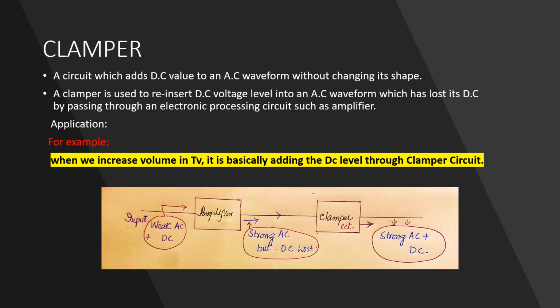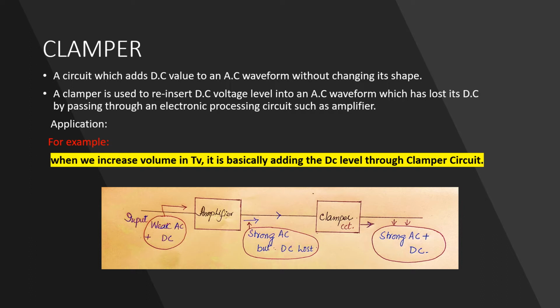But the problem of this circuit, the amplifier, is that when it amplifies the weak signal, the AC signal is amplified, but the DC signal is lost from the input weak AC signal. So at the output of the amplifier, you see the output is strong AC but without DC. It means that DC is lost in the AC signal.